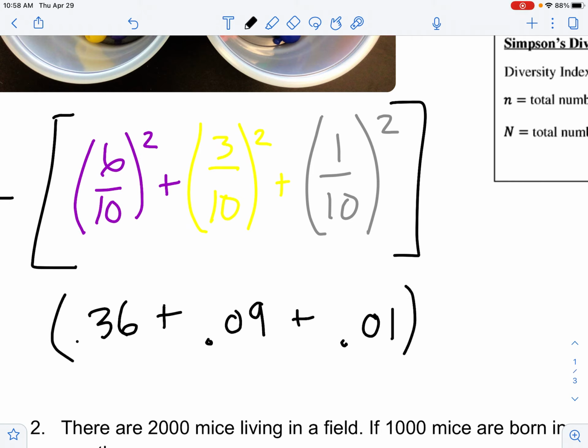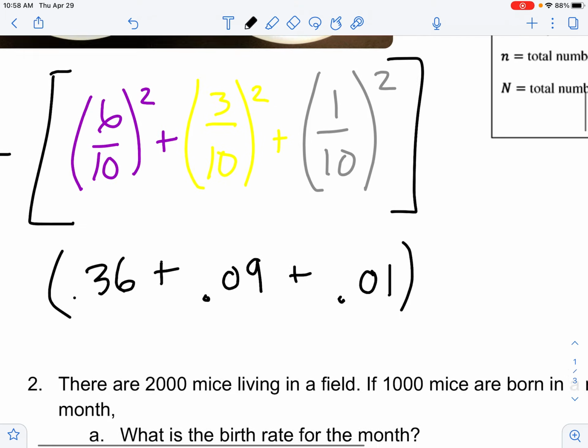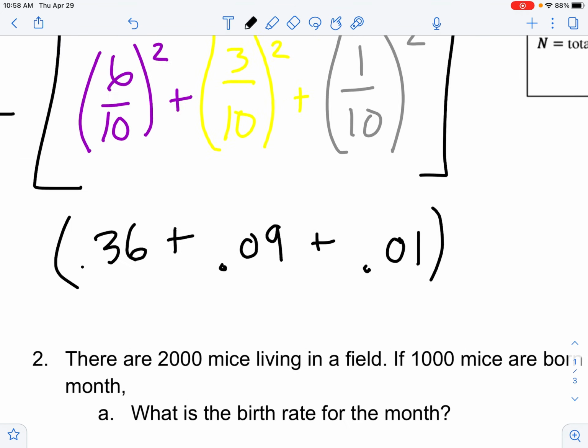So now we're going to add all those up: 0.1 plus 0.09 plus 0.36. Sorry about the time it took me to punch those numbers in.